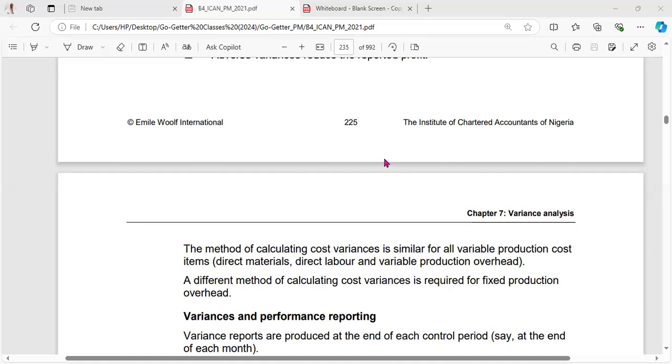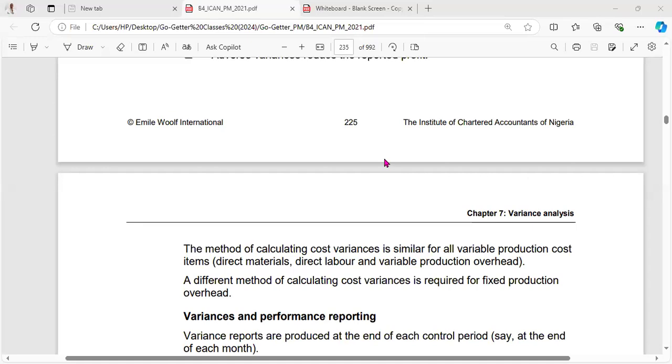And we said what makes an adverse variance in cost is when the budgeted cost is higher than the actual cost.